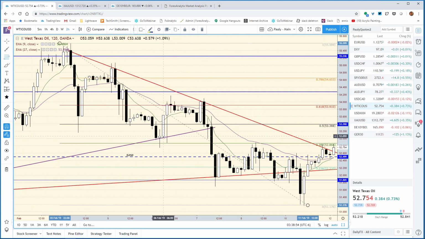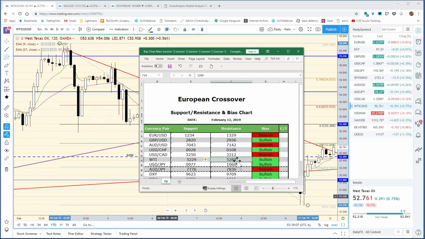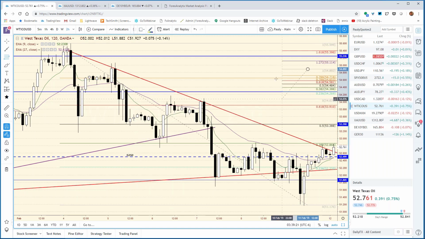Resistance is going to come in right there. 38% is there, but it's going to be 53. 53 even. So we're not that far away. $53, I should say. And let's go move into the dollar yen.